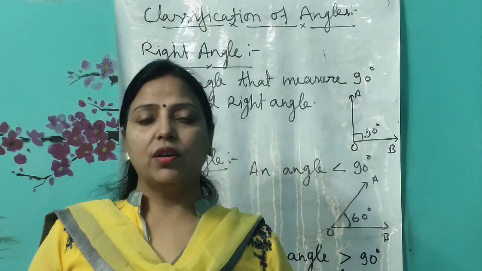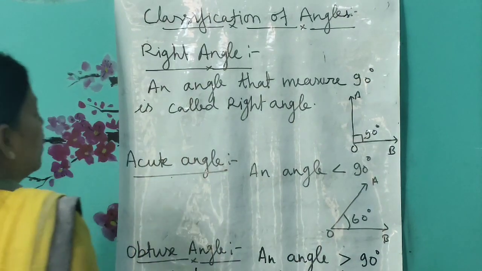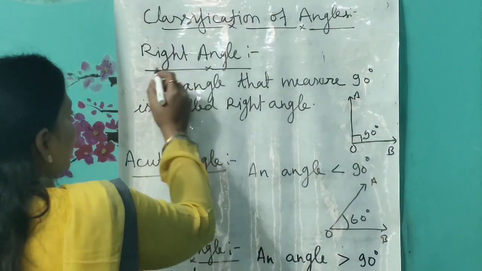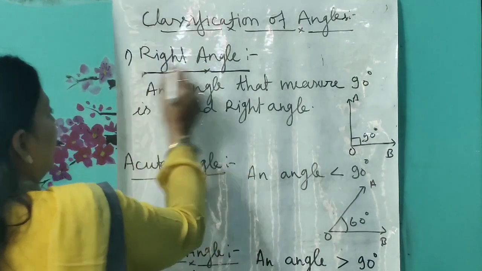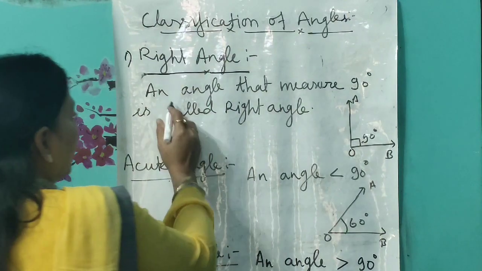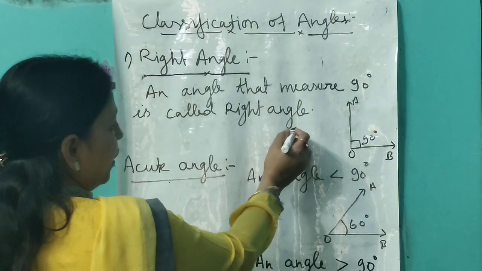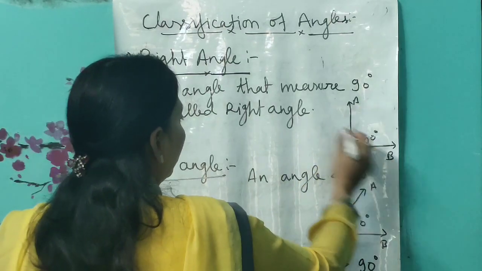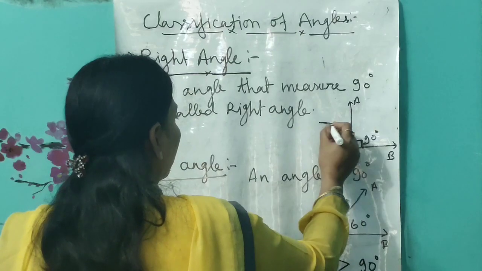Now, classification of angles. The first type is the right angle. An angle that measures 90 degrees is called a right angle. You can see here I have drawn the angle measuring 90 degrees. It is represented by this symbol also.